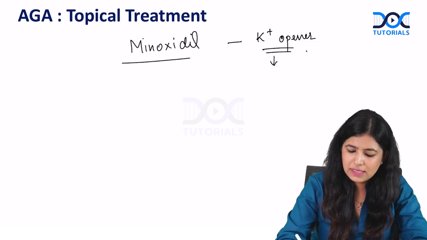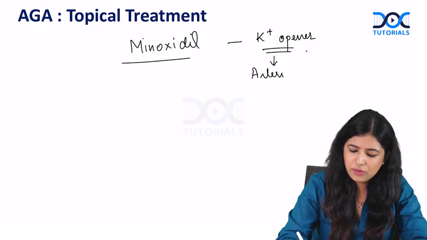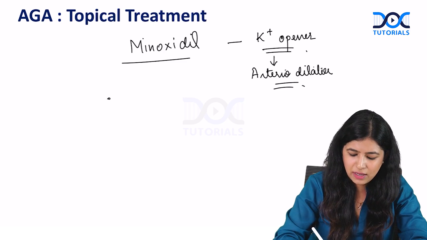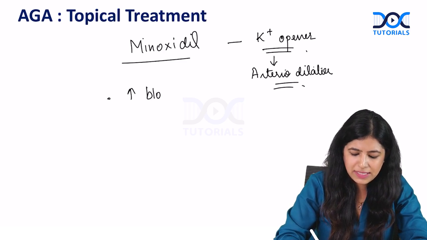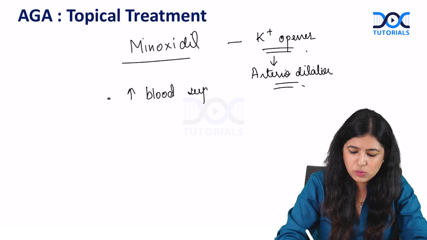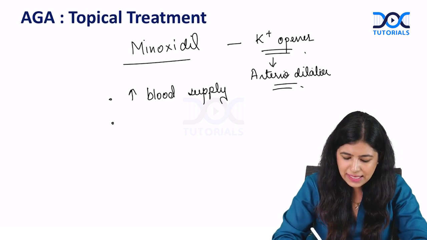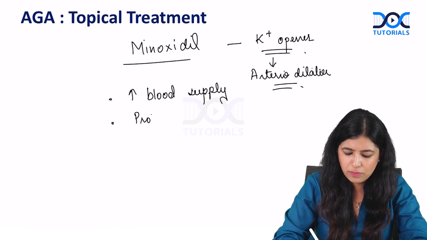By doing this, it is a arteriodilator. Now, if a drug is going to dilate the blood vessels in that area, number one, it will increase the blood supply. So that is one of the mechanisms by which minoxidil is effective in AGA. Secondly, on its own, it also prolongs the Anagen phase.